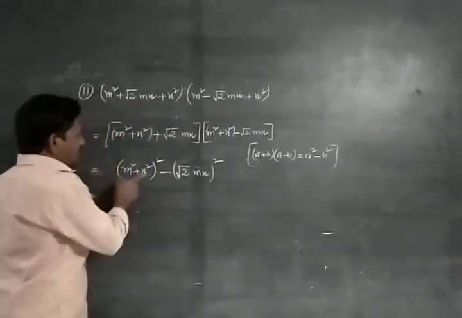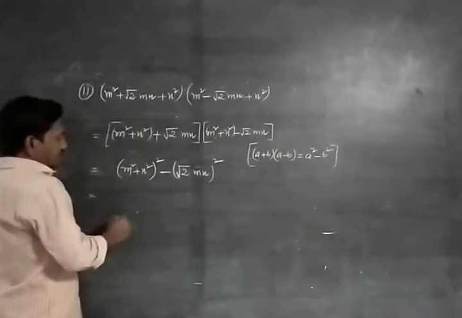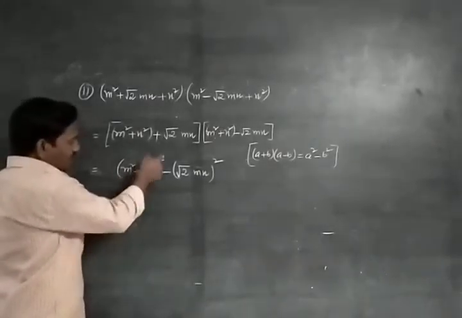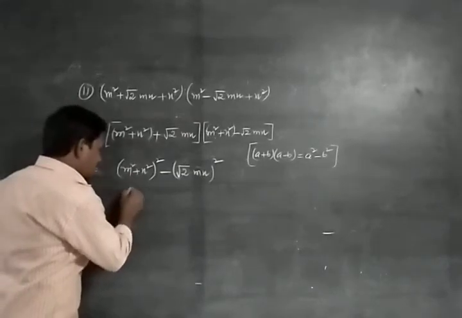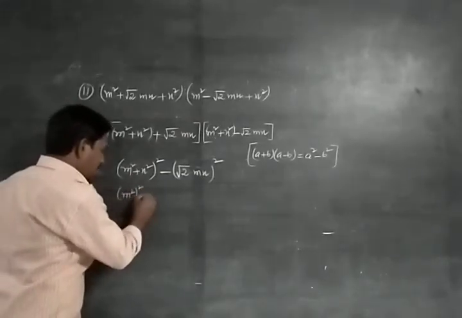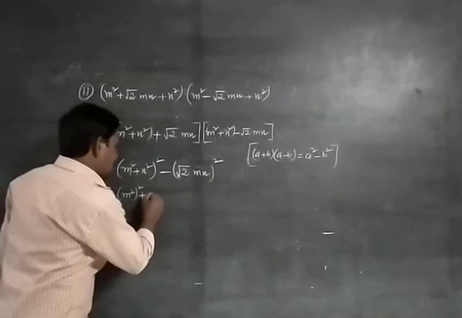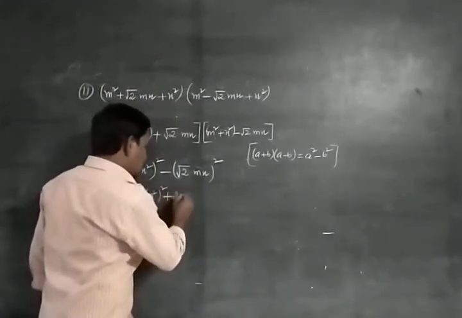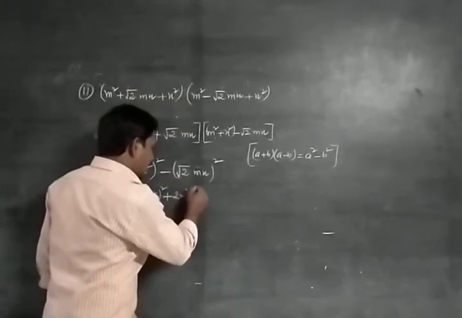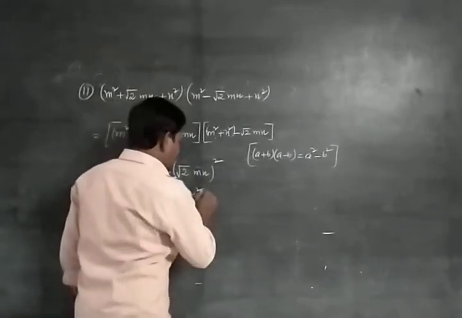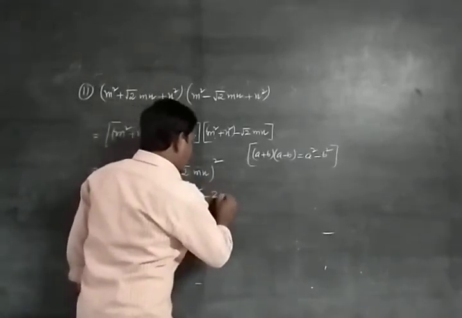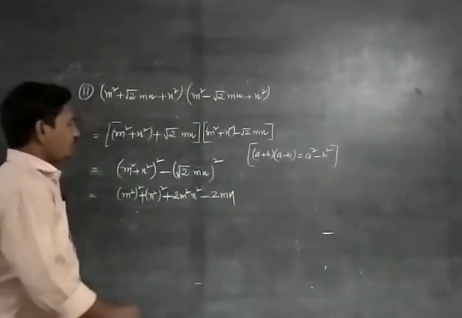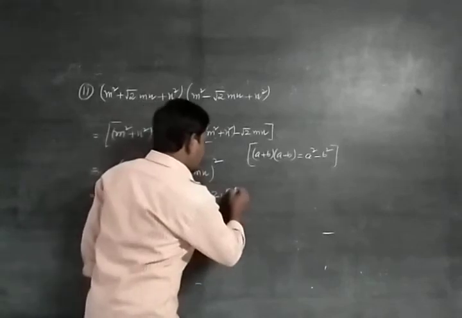Okay, this is a plus b whole square. Again, a plus b whole square: m square whole square plus n square whole square plus 2m square n square, minus 2m square n square.